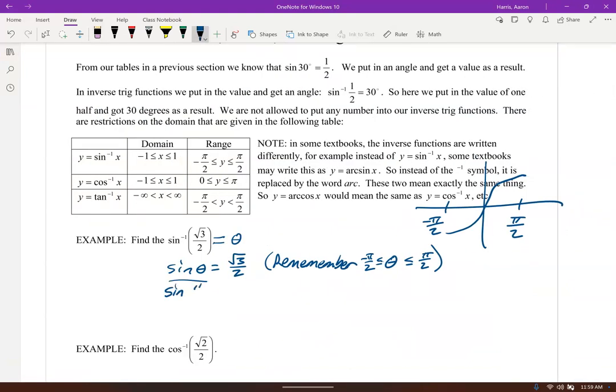We know the sine of pi thirds is root 3 over 2, so theta is pi thirds. Hence, therefore, the arc sine of root 3 over 2 is theta. We identified theta to be pi thirds.